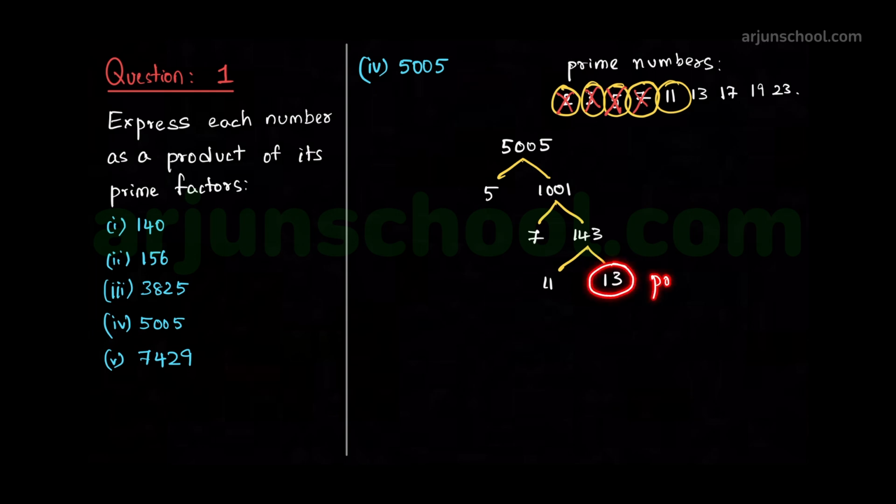Thirteen is already a prime number. Therefore, we can stop the prime factorization for 5005. So the prime factors of 5005 are 5, 7, 11 and 13. Therefore, we can write 5005 as 5 times 7 times 11 times 13.